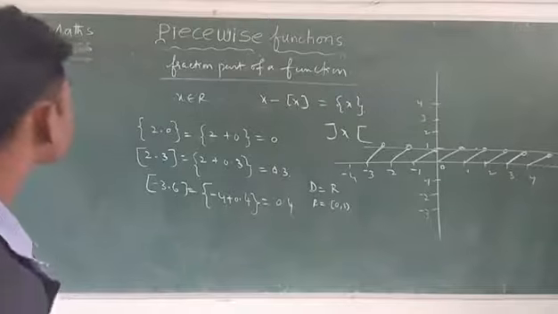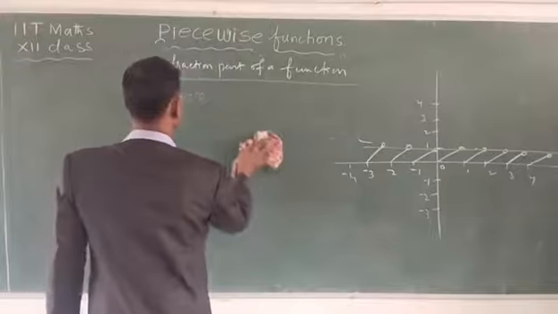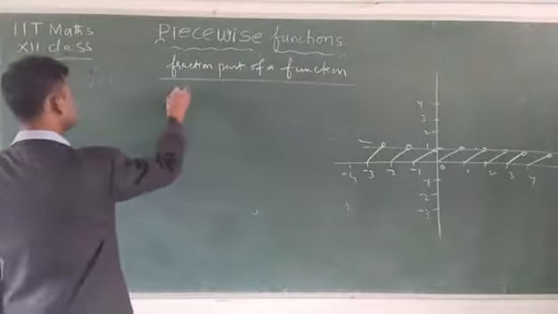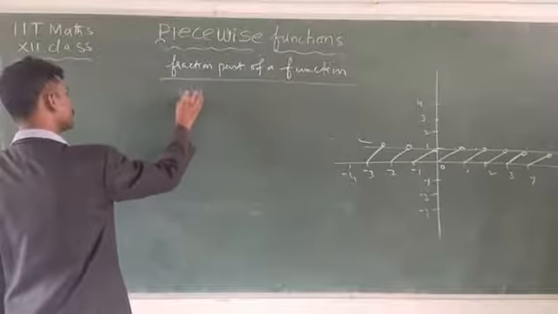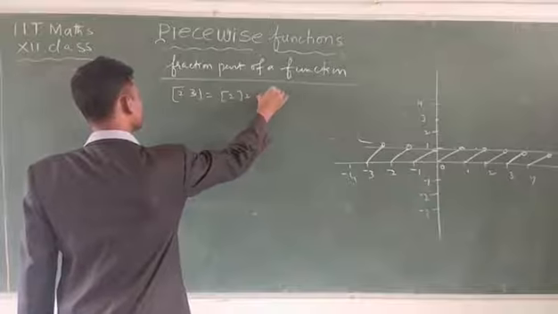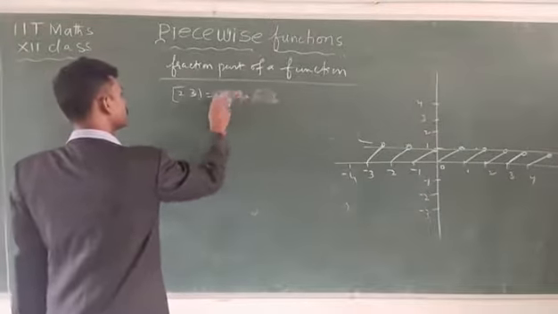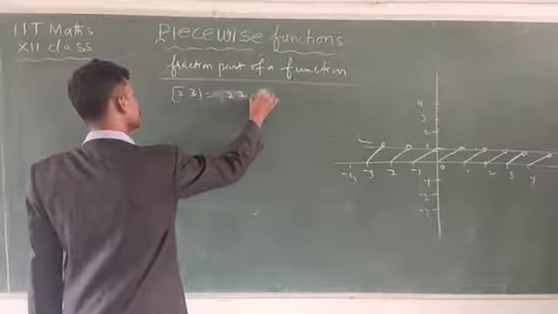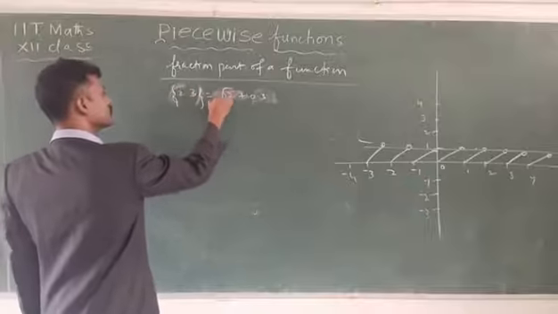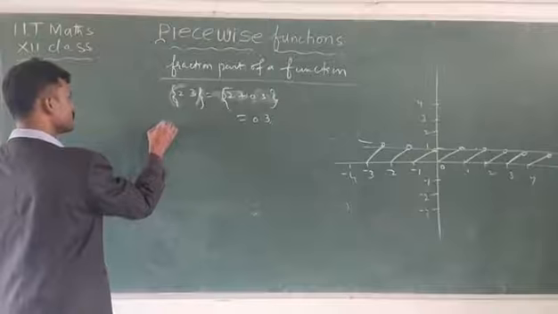Fractional part: I already wrote that 2.3 is 2 plus 0.3, that means the fractional part is 0.3.